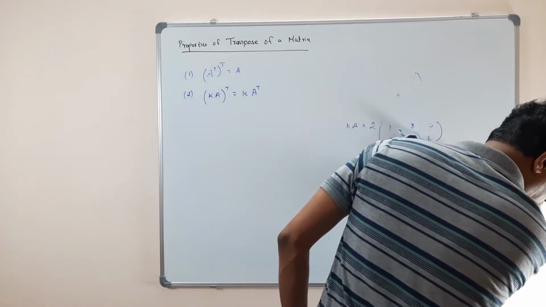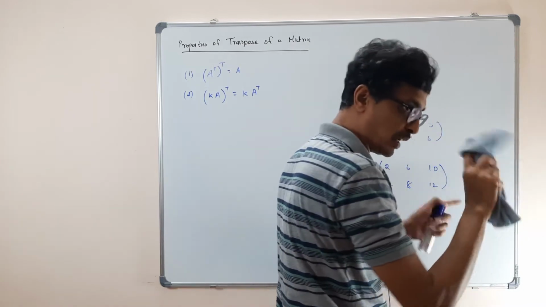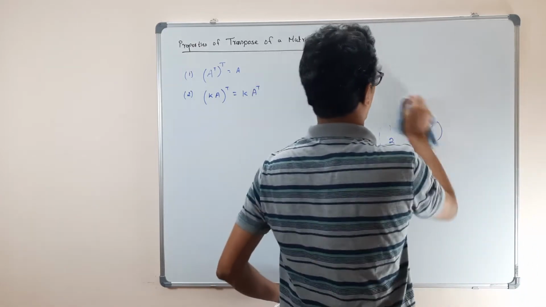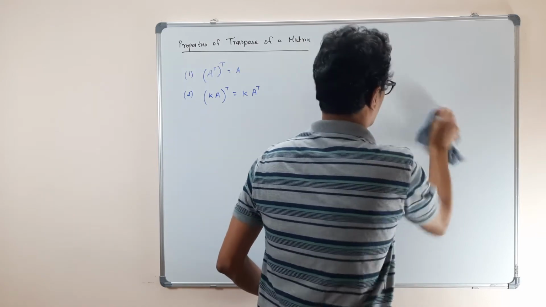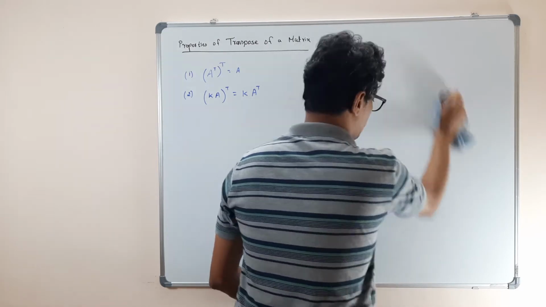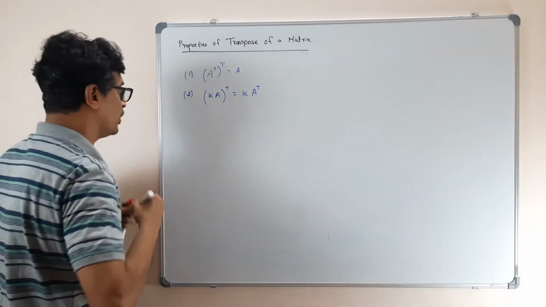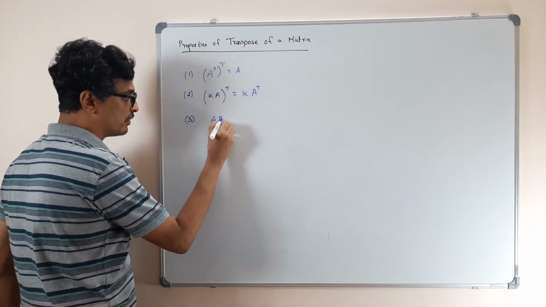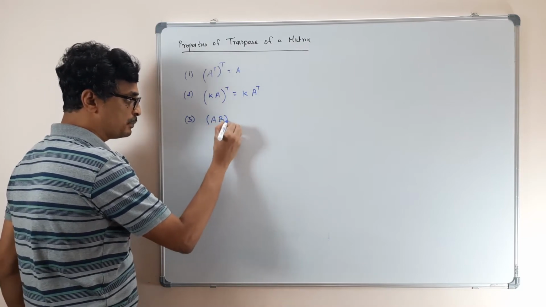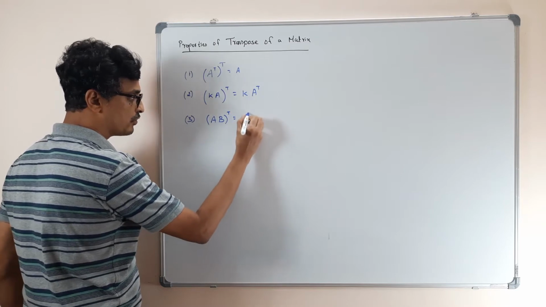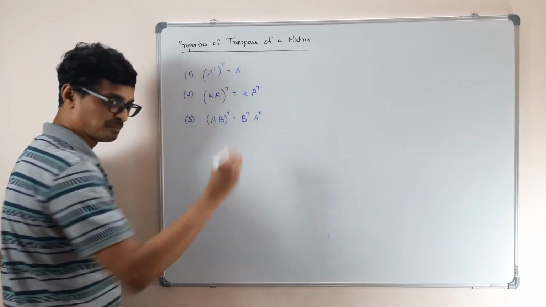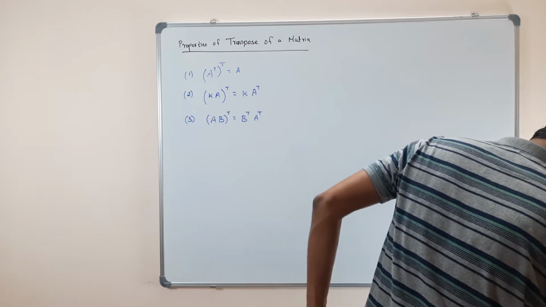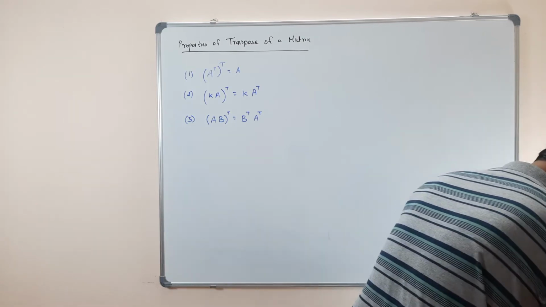The next property is, if A and B are conformable, that means you can do multiplication, then you can multiply the matrices A and B. Then the transpose of the product will be the transpose of B into the transpose of A. Before that, there was one more thing, a third one, I missed that one, sorry. We will take this one.